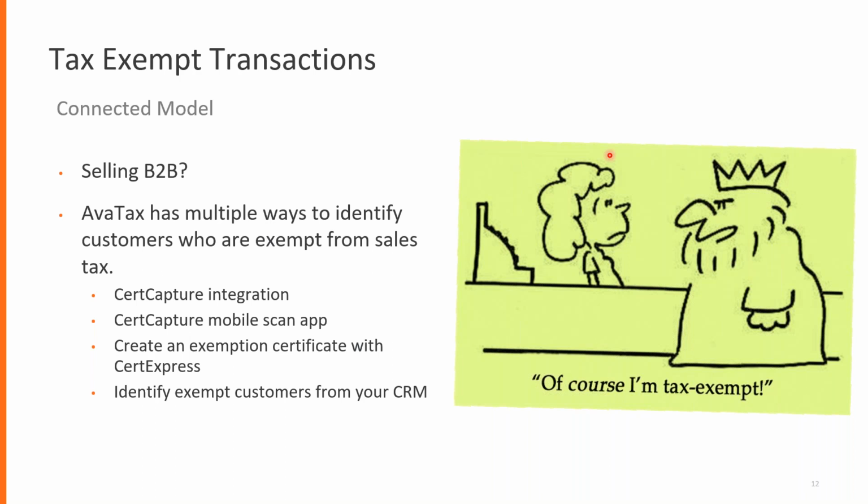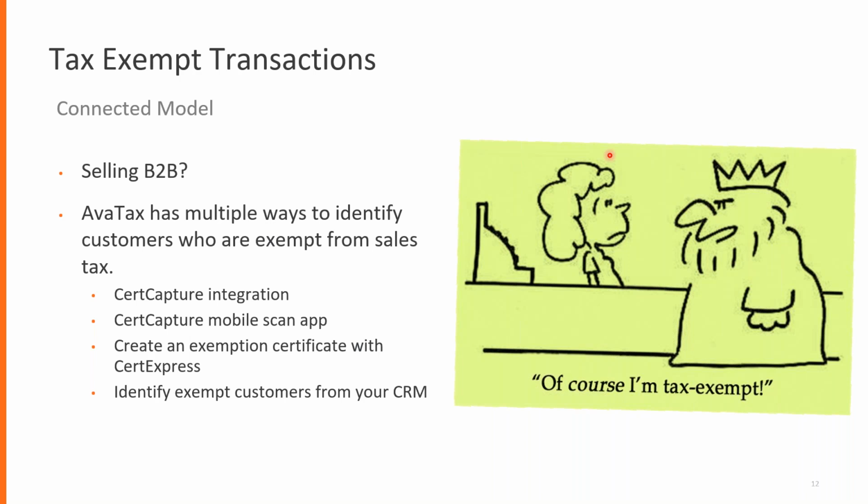So identifying why you're exempt instead of just your exemption number is going to get you a better tax calculation. Okay. And I think maybe the clarification on that is there are several methods by which, in a connected or dynamic tax calculation request, you can trigger an exemption.